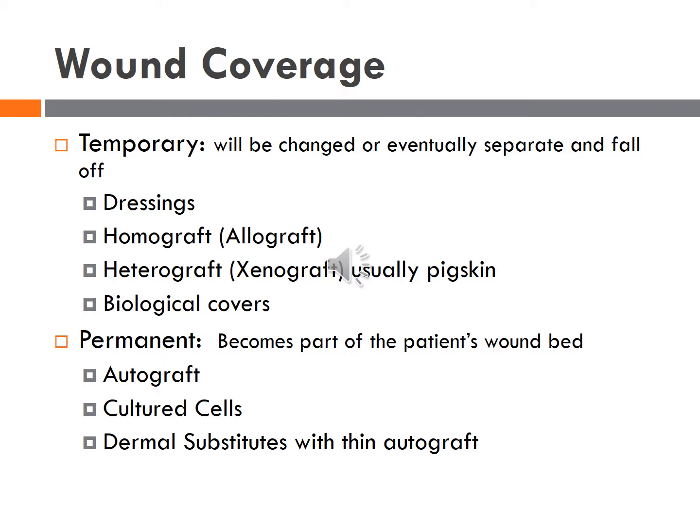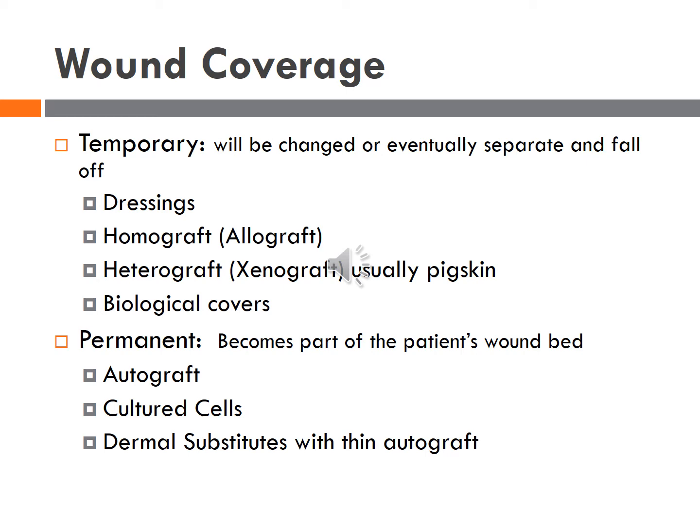So let's talk a little bit about wound coverage. When we talk about coverage, we're talking about how this wound is going to be taken care of both temporarily and permanently. So it includes dressings and grafting. Temporary wound coverage will be changed or eventually separate and fall off.